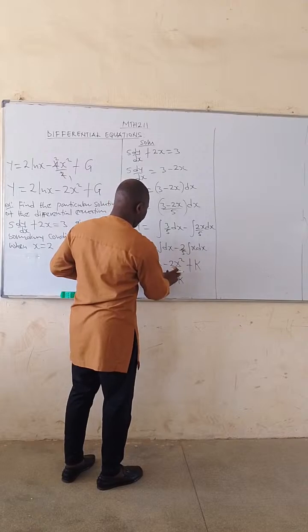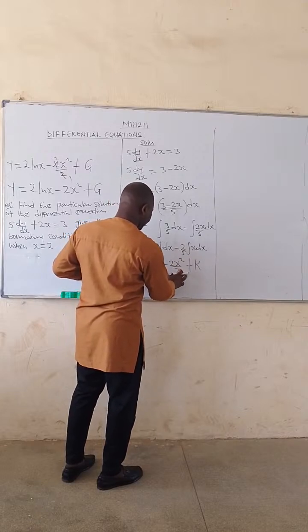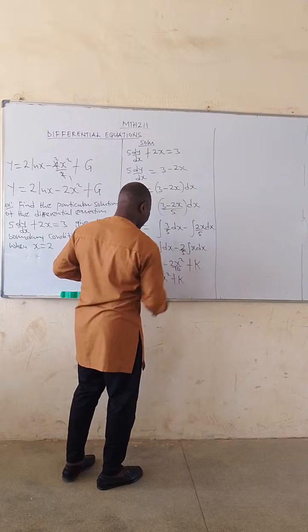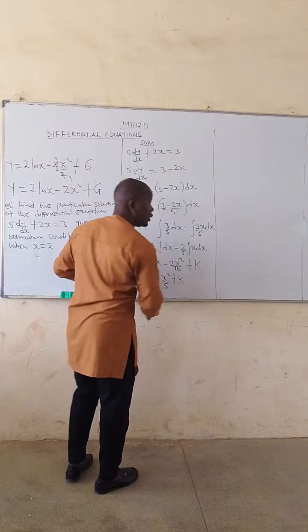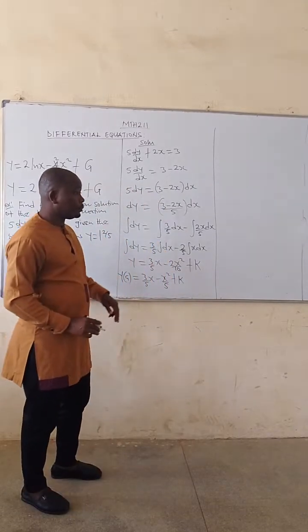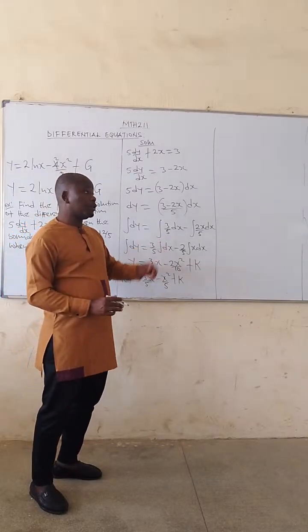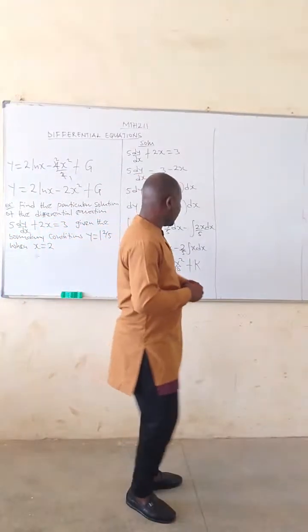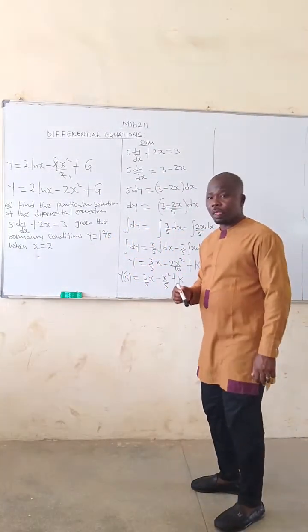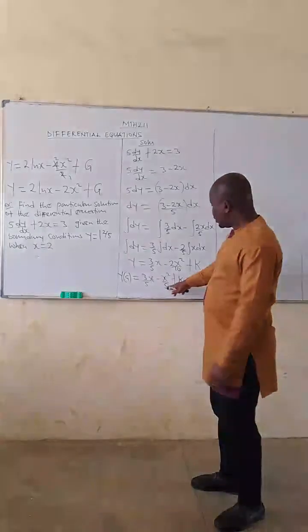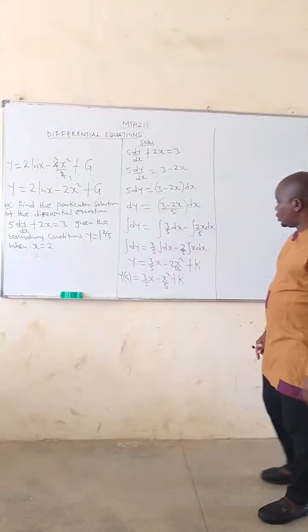So it means we are supposed to have 5 here, which is 10. So here is supposed to be 5. Thank you very much. So that is mathematics for you.